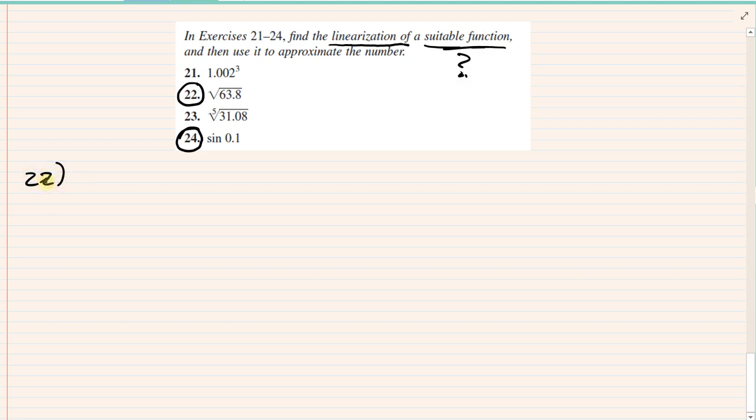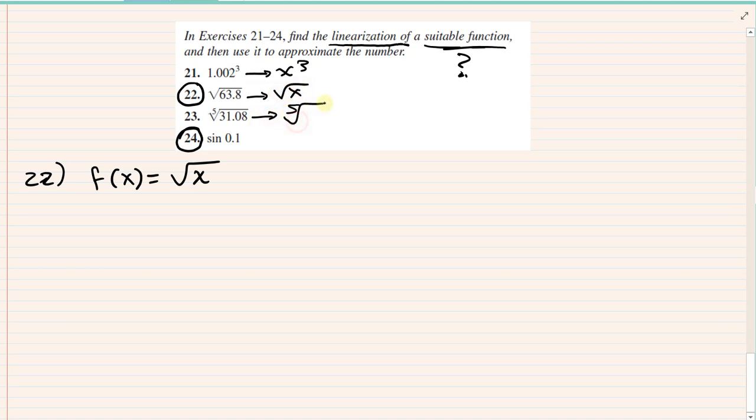So in number 22, it looks like f of x, because I have a square root, forget the number, isn't that just the square root of x? So it looks like that's the underlying function. What would it be for number 21? That's like x cubed. This one is going to be the square root function. How about this one?